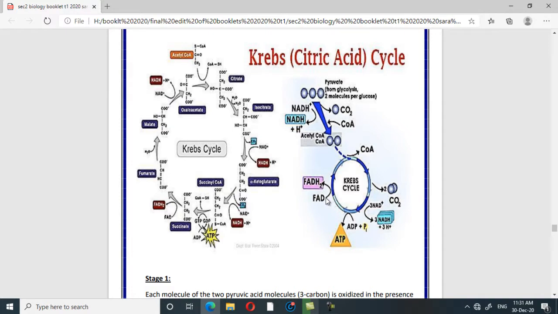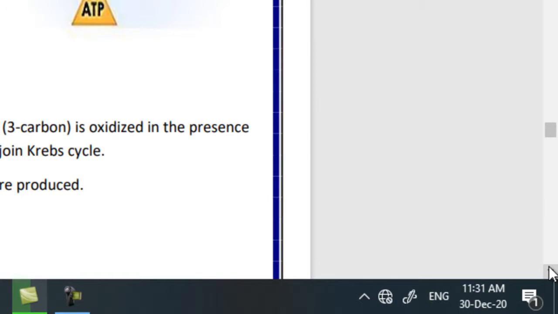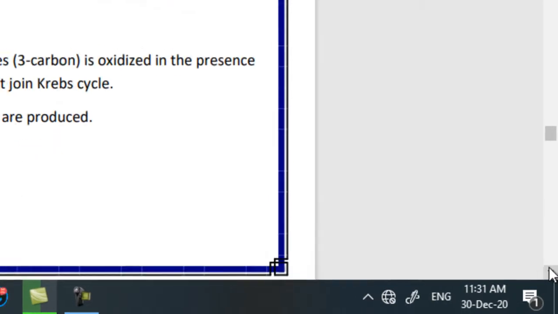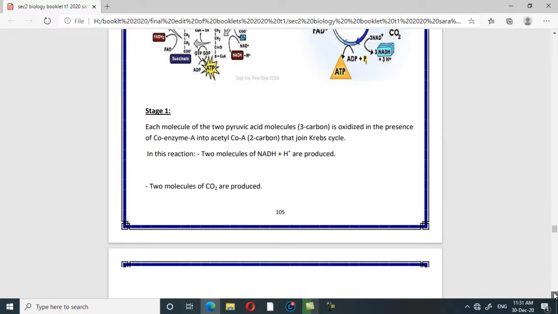So this Krebs cycle ends in the formation of 6 NADH, 2 FADH2 and 2 ATP molecules. We call ATP molecules a direct energy source, but NADH and FADH are called indirect sources of ATP.